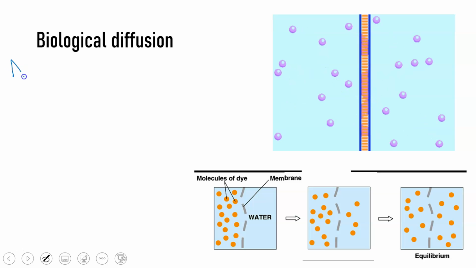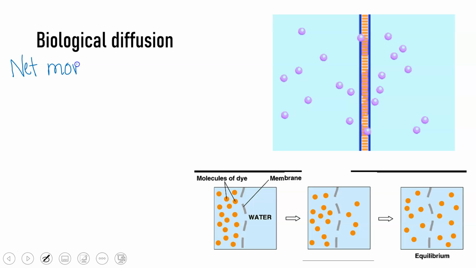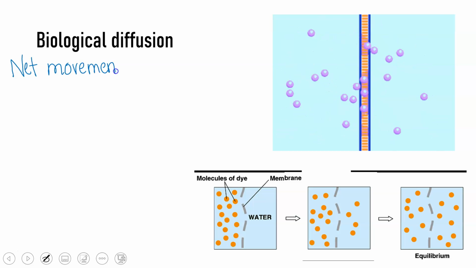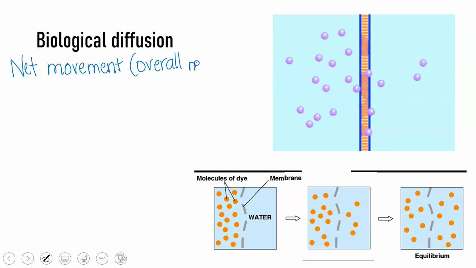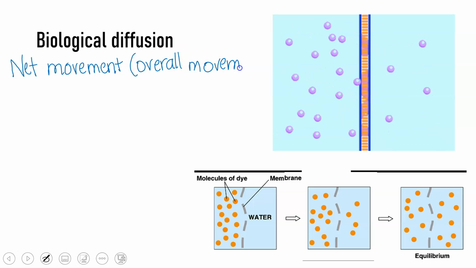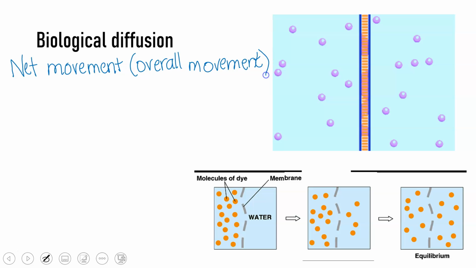So biological diffusion is the net movement, which we're going to define as the overall movement. Because remember, the molecules are moving in all directions. It's just that if we sum them up, they're all going to be in one direction.